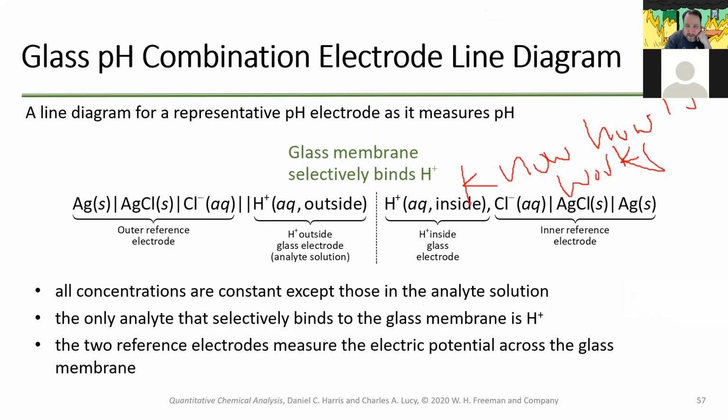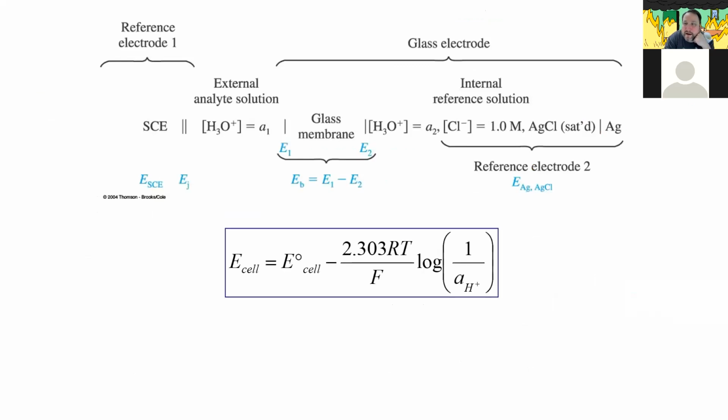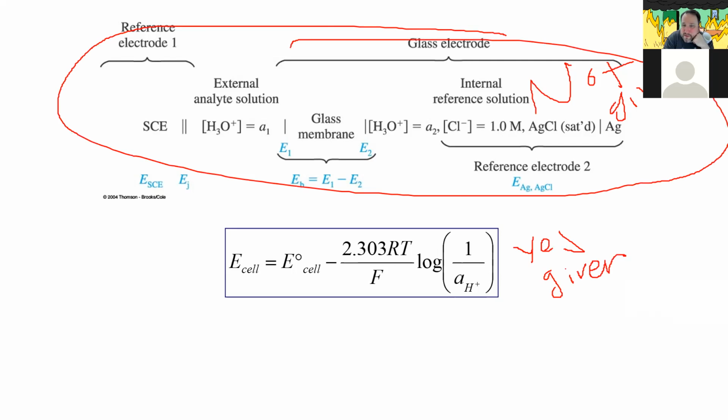All right, so what's happening here? We've got a reference, and then what's on the outside? How is that pH meter working? I would not give you this, and this I would give you. So you would need to be able to generate that on your own.